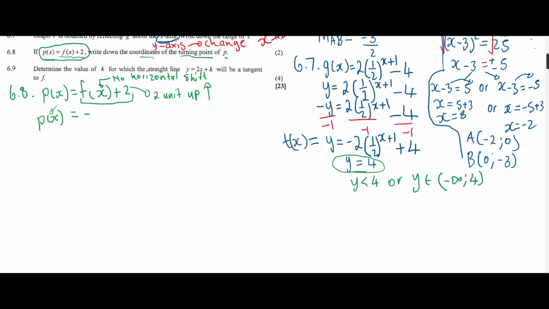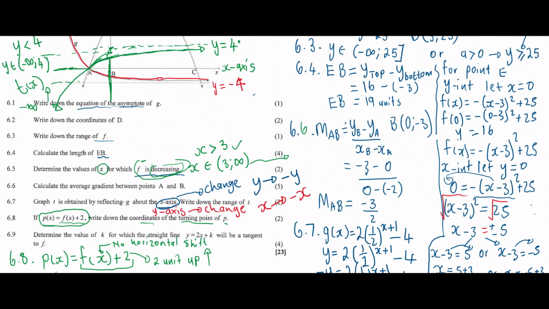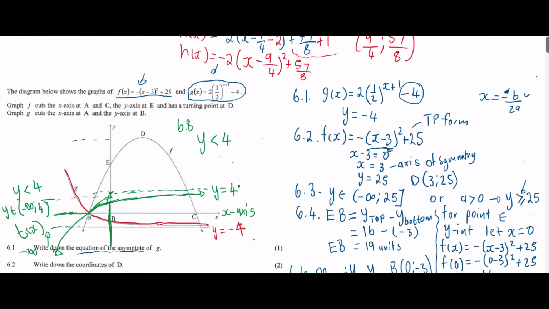You can just perform transformations on the graph, because we understand that p of x is a new function, our function f shifted 2 units up. So what are the coordinates? It was 3 and 25. If we shift this 2 units up, that is only going to affect the y value, which is 25.